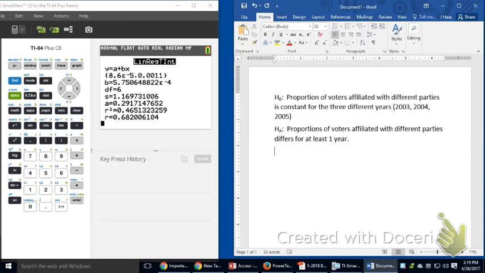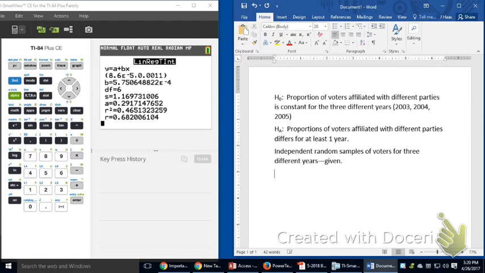So the assumptions for chi-square: in this case, since I have different populations, I need independent random samples of the population of interest of voters for my 3 different years, which is given.